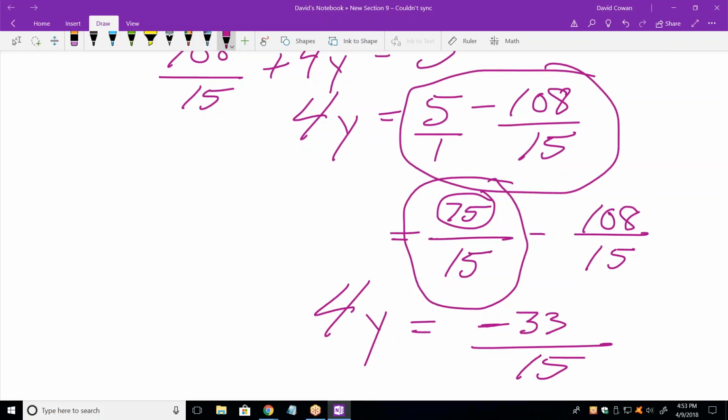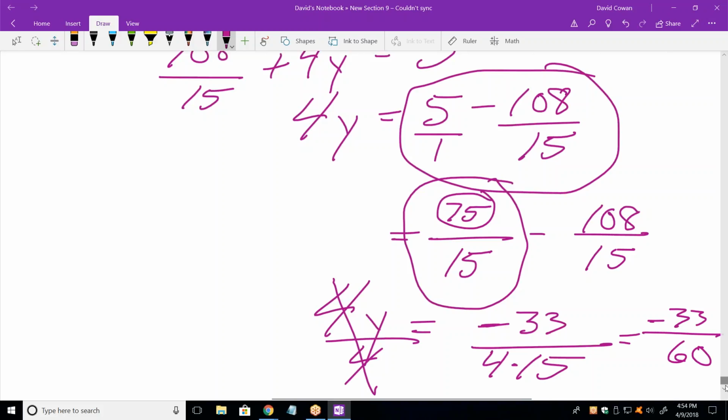Now, I'm trying to solve for y, so I have to get rid of that 4. How do I get rid of that 4? By dividing. I'm going to divide that side by 4, and I'm going to divide that side by 4. Well, now I get y equals negative 33 divided by 60. Now, that does simplify.